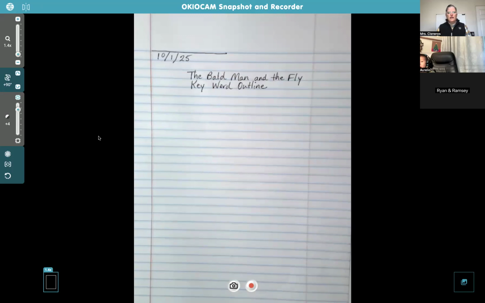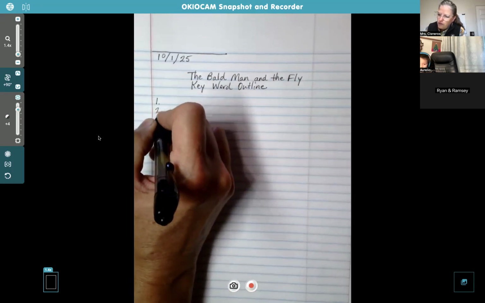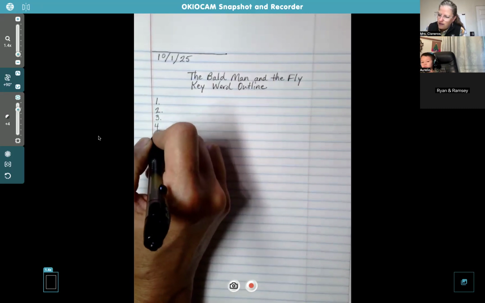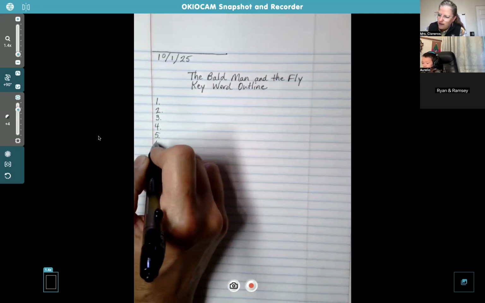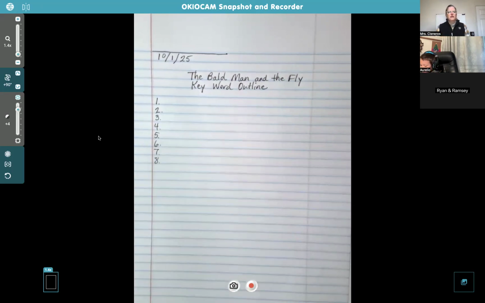After you write keyword outline, keep writing. If you're still writing, that's okay. Now over by the red line, we're going to do 1 through 8, like this, next to the red line. Make sure you keep all the numbers next to the red line. In this story, there are 8 sentences.